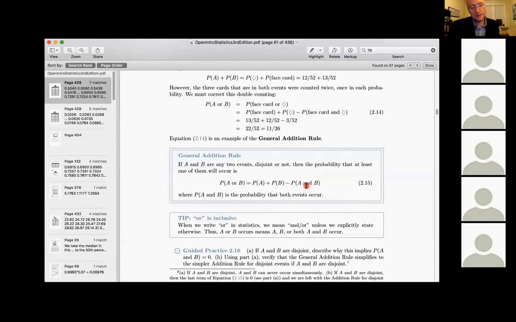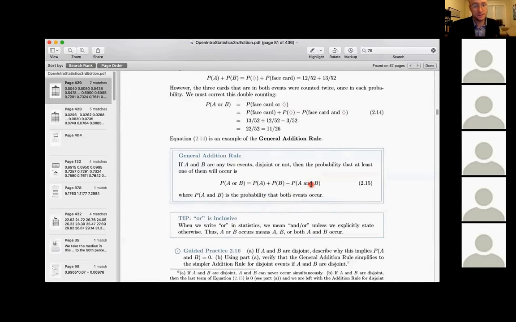Now, the probability that both events occur for disjoint events is 0. That's why you can actually use this general addition rule. Because if you say, what's the probability of heads or tails? Well, it's heads plus tails minus both heads and tails, and that's impossible. So that's a 0. That's a null value. You get the same answer.